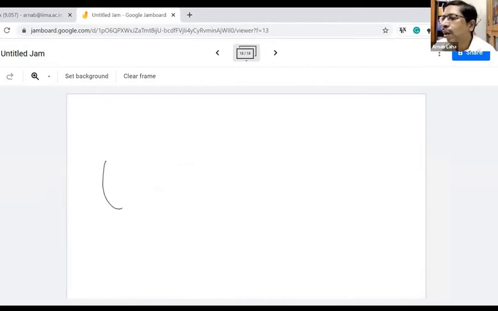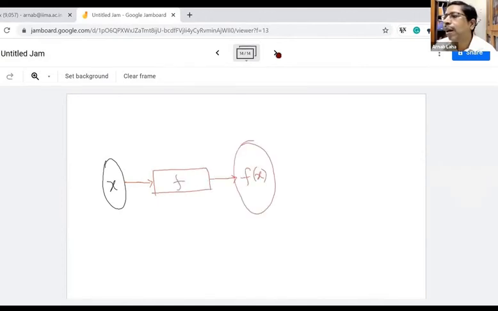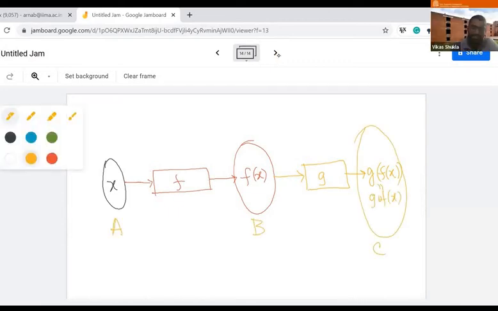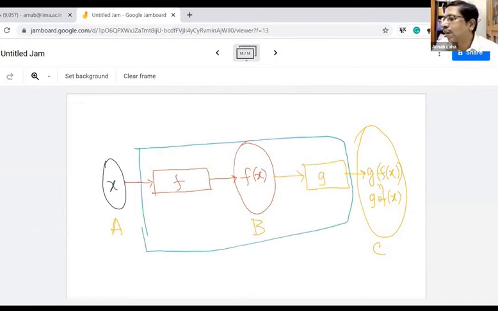So we have x, then this x goes into the function f and outputs f(x), and then g picks up this f(x) and outputs what we write as g composed with f of x. So I can think of this whole thing as the function g composed with f.